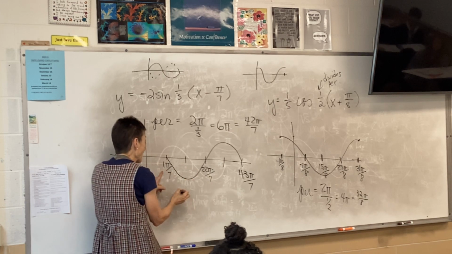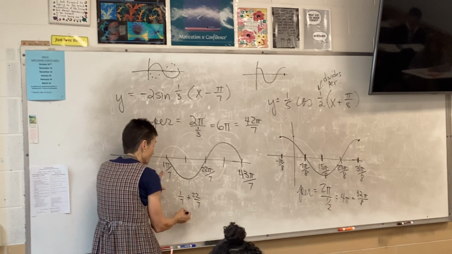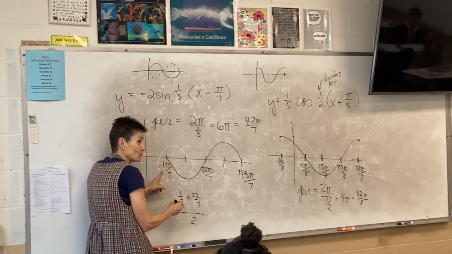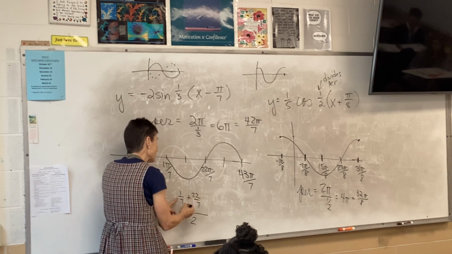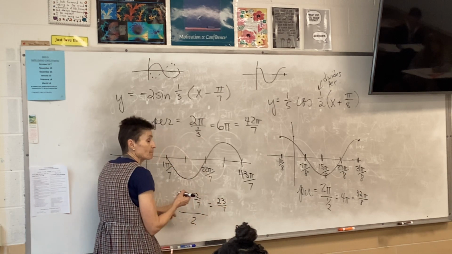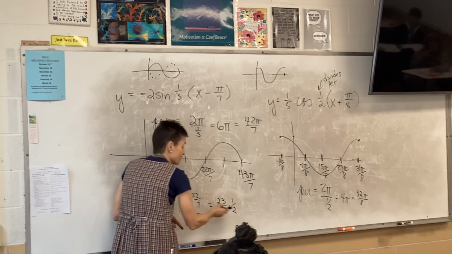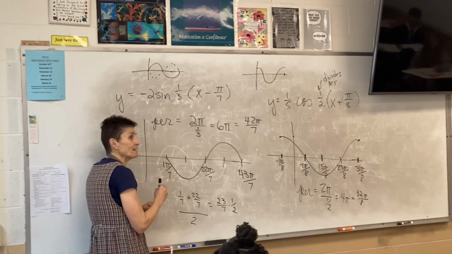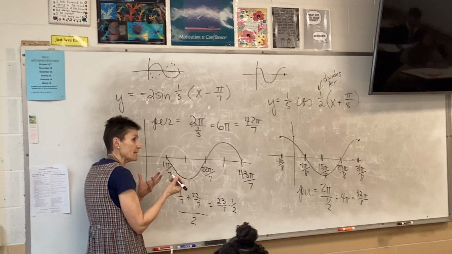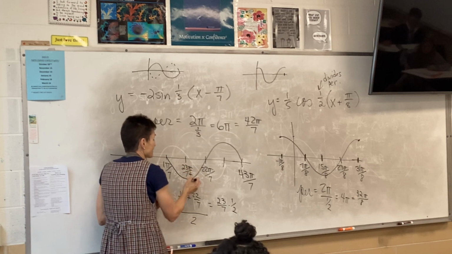Averaging means add them and divide by 2. That's how you average, right? So when I add these, I get 23/7. Now I have to take half of that. Well, 23 doesn't cut in half evenly, so I'm going to have to make it 23/14.